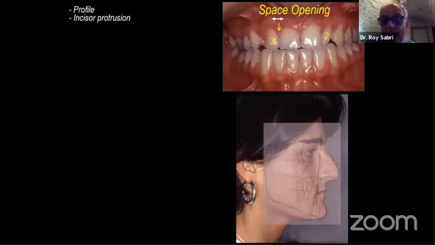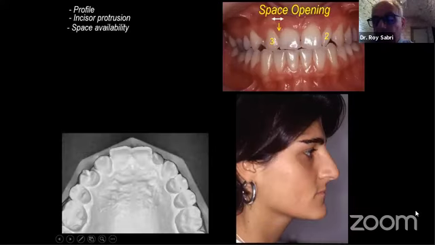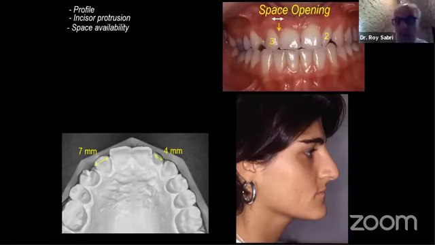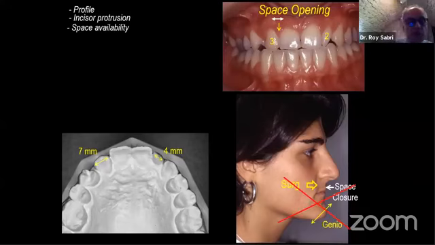Okay, for this patient, at that time, I proposed surgery. Space closure, extract the peg-shaped lateral like the previous patient, don't extract on the lower, create an underjet, advance the maxilla, and do some genio. Well, her answer was, I'm not bothered by my profile. My whole family looks like this. So we rejected surgery.